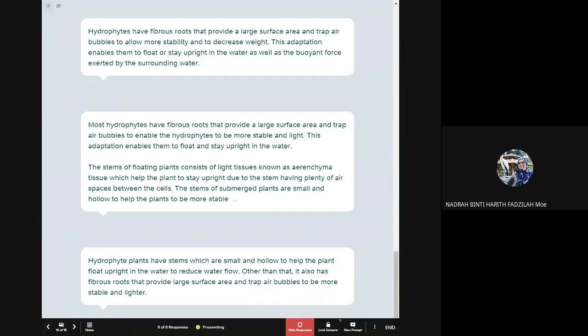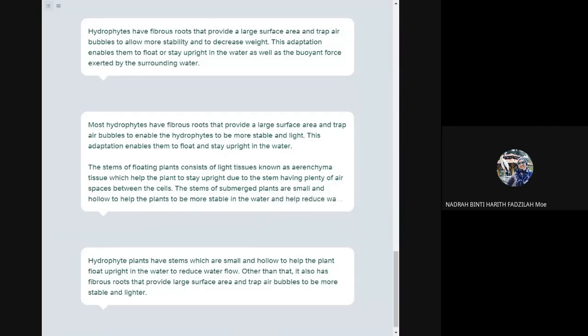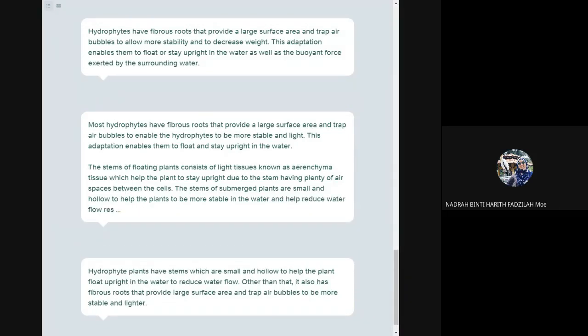So macam kita tengok pada gambar, for obvious reasons, parenchyma atau airspace dalam mesti ada pada root of hydrophytes, and also inside the stem of hydrophytes.